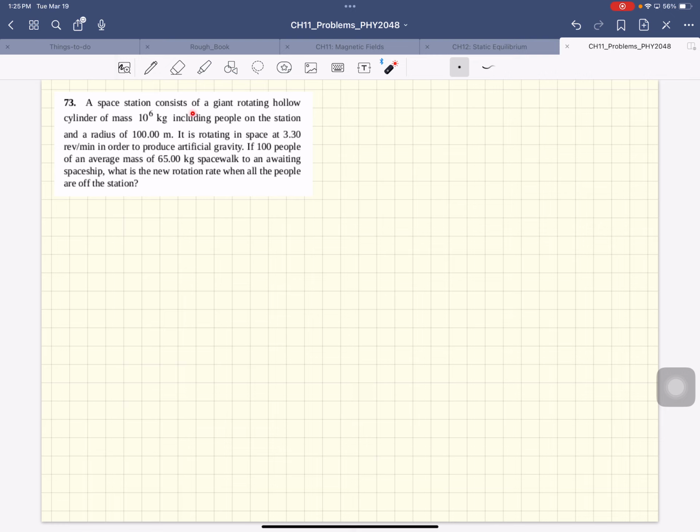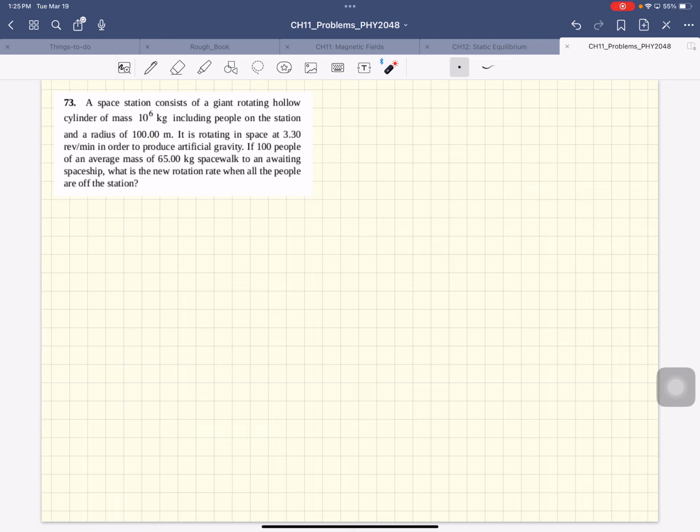So a space station consists of a giant rotating hollow cylinder of mass 1,000,000 kgs. Back 30, 40 years ago, this would not be conceivable. I mean, Elon Musk has made this possible with reusable rockets. It includes people on the station, and a radius of 100 meters.